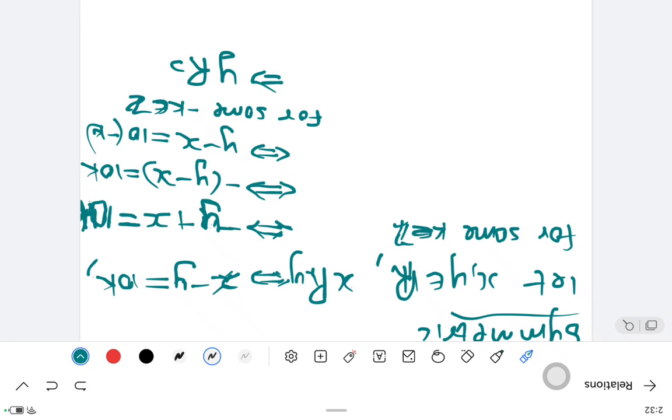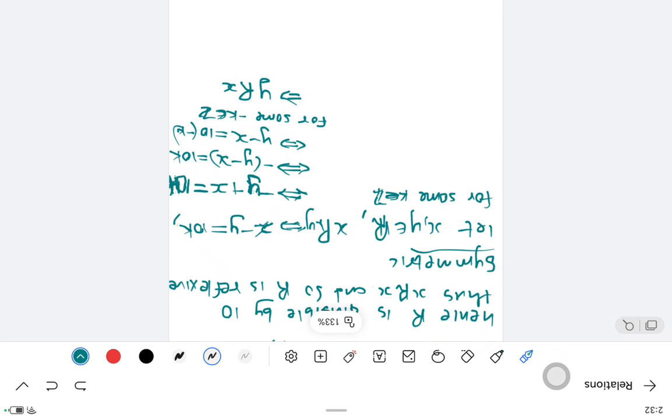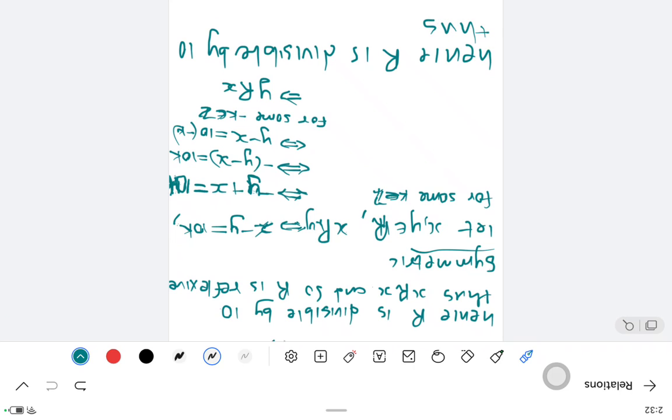Now from here we can say, hence, if x is related to y, then y is related to x.